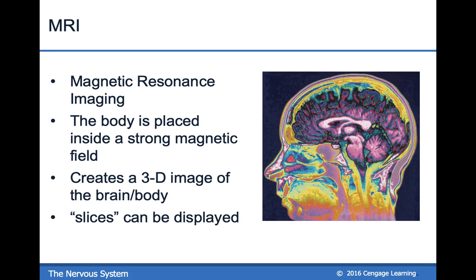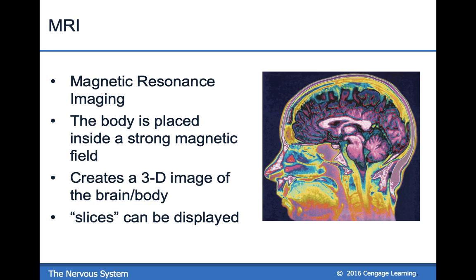MRIs, you've probably seen these on different doctor shows and stuff. What that stands for is a magnetic resonance imaging scan. The body is placed inside a really strong magnetic field, so the person can't have any sort of metal on or in their body. So if they have something inside them, like a steel plate, if that's magnetic, that can actually get ripped out of their body. Any piercings and things like that have to come out beforehand.